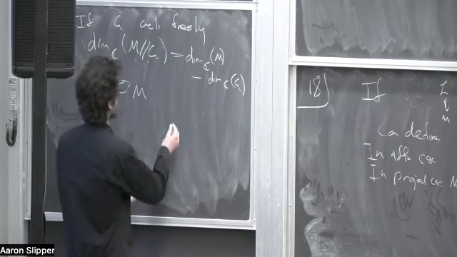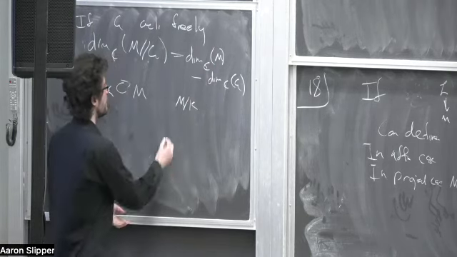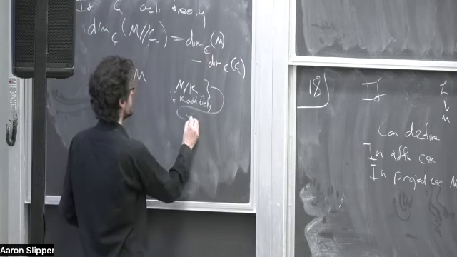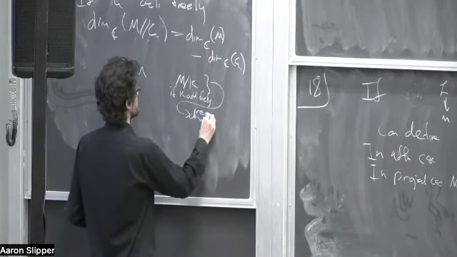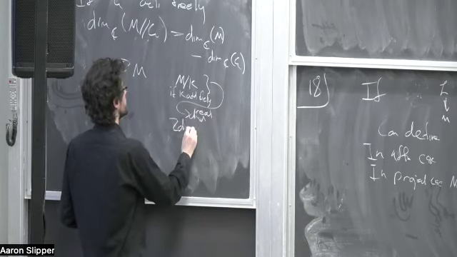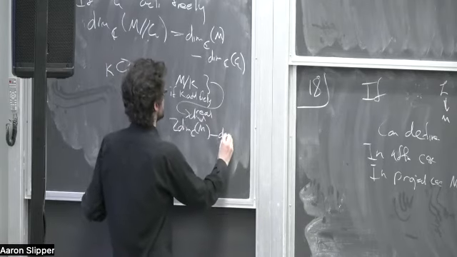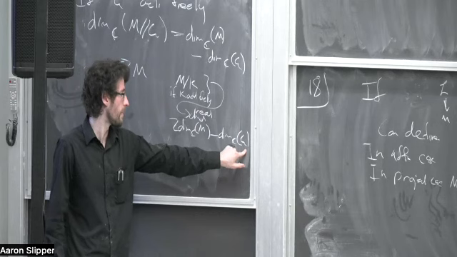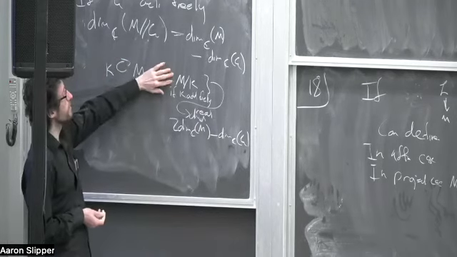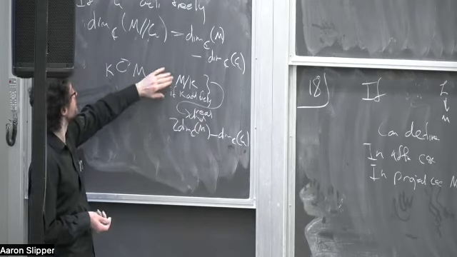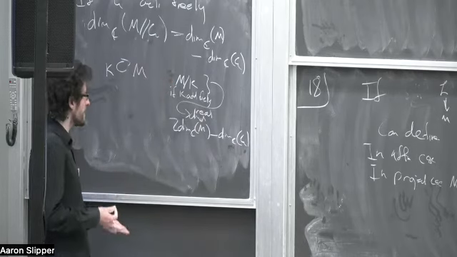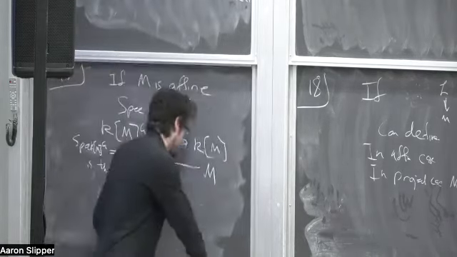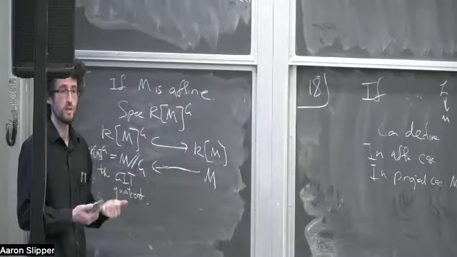And so if K acted freely, this would be of real dimension 2 dim_C M minus dim_R of K. So if we're going to somehow relate M mod K to M mod mod G, we need to remove more dimensions. Such a theory is given by the theory of Hamiltonian reduction.